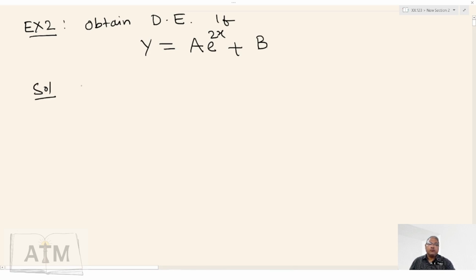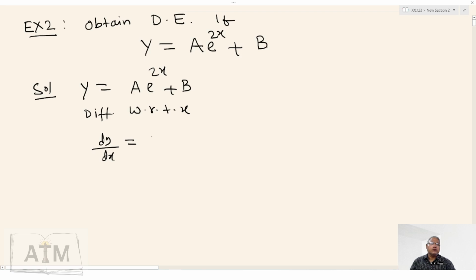Solution: y equals a e raised to 2x plus b. Differentiating with respect to x, dy by dx equals a into e raised to 2x into 2. The derivative of b is 0.